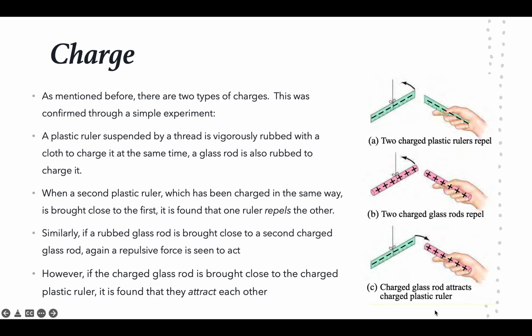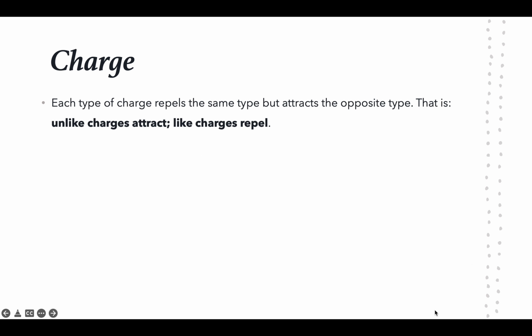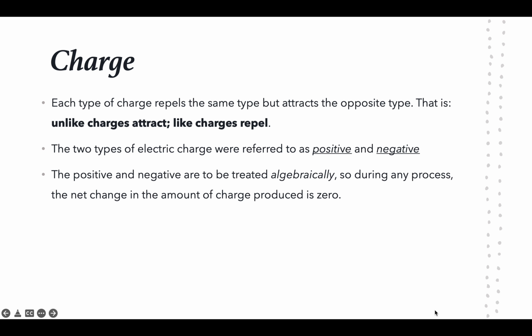Now, this led scientists to believe, or to prove, that in fact there were only two different types of charges. And it also allowed them to conclude that like charges will repel each other and unlike charges will attract each other. Now, by looking at charges as just positive or negative, we can look at this algebraically.